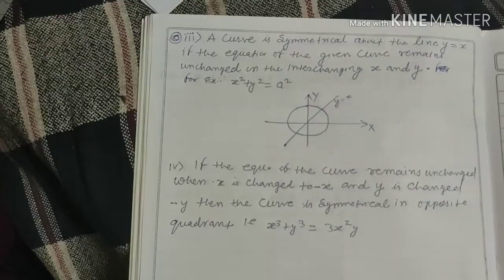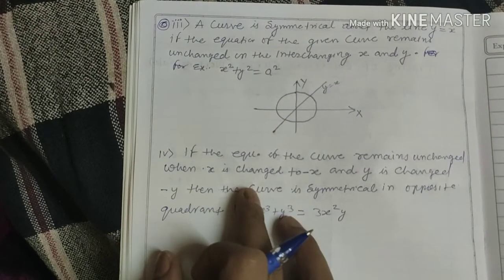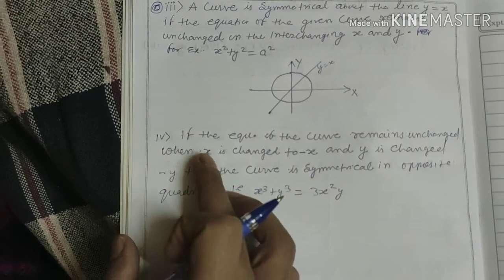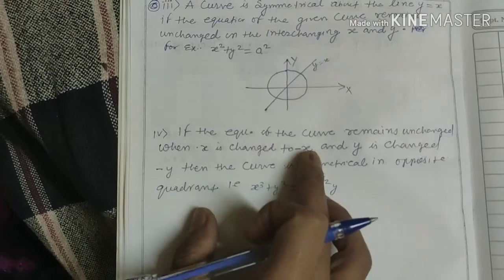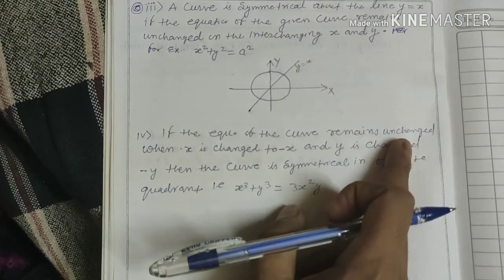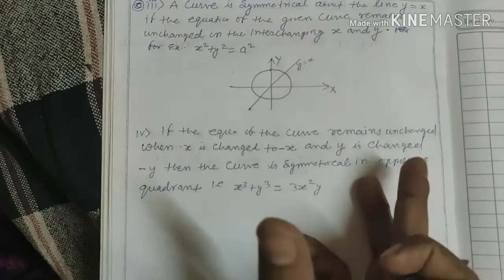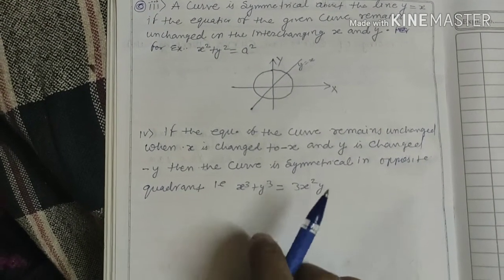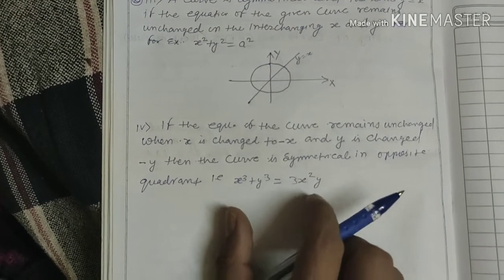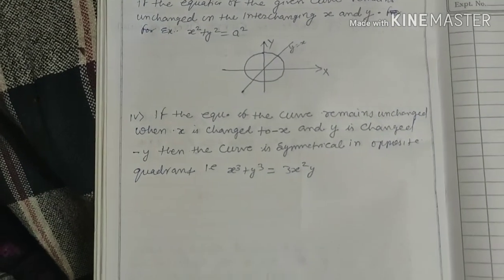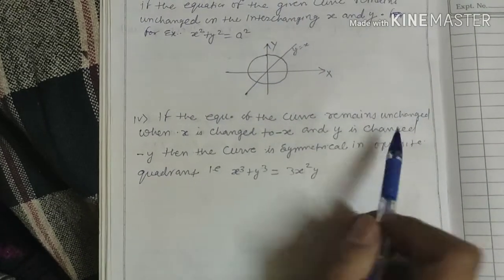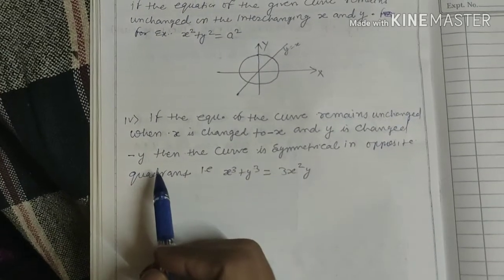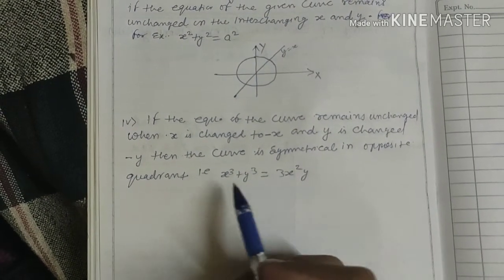The fourth point to determine the symmetry of a curve is this: if the equation of the curve remains unchanged when x is changed to minus x and y is changed to minus y, then the curve is symmetrical in the opposite quadrant.